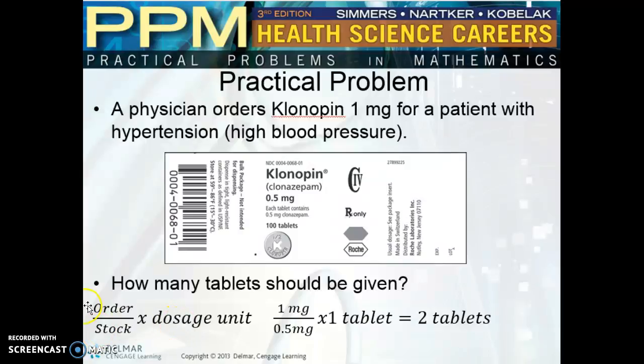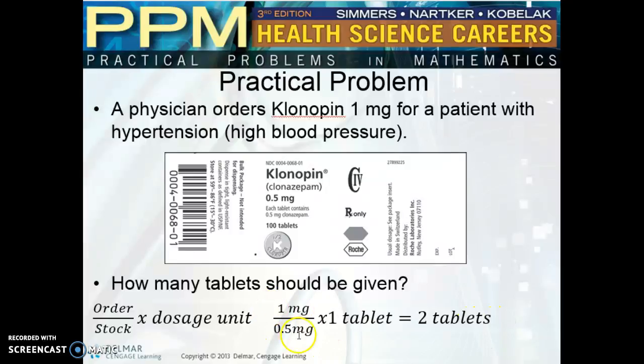What did the doctor order? They ordered a 1 milligram dose. What do we have in stock? We have a 0.5 milligram dose. And how does that stock come? It comes per tablet. So I took that same formula and set it up using the information from the label and what the doctor ordered, and calculated it out to be 2 tablets.